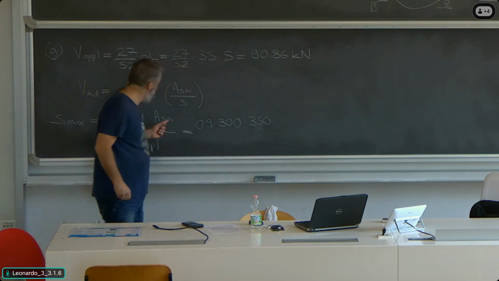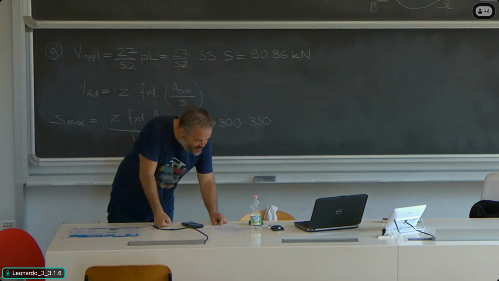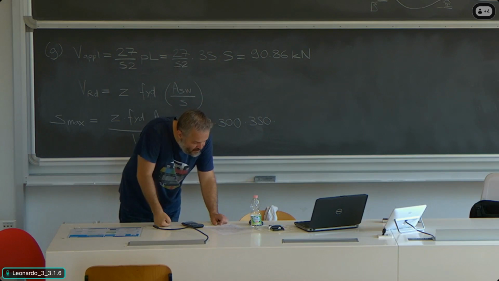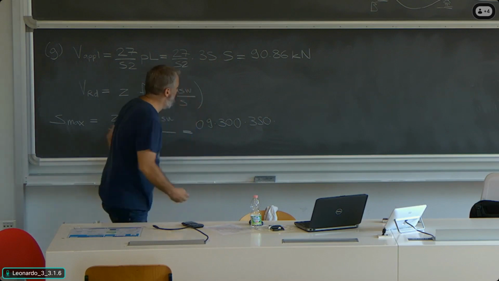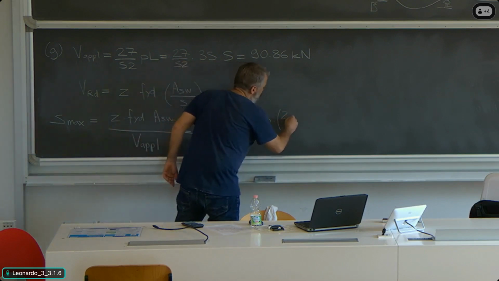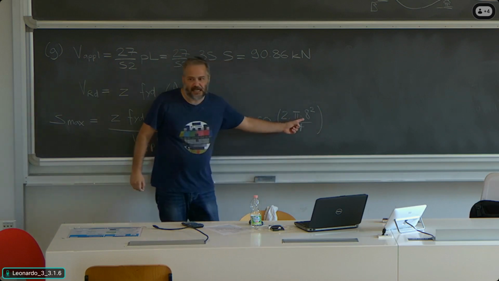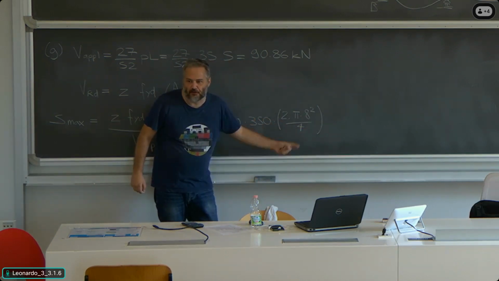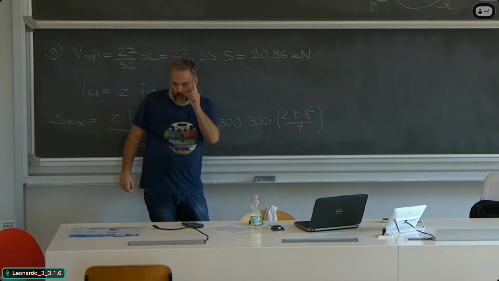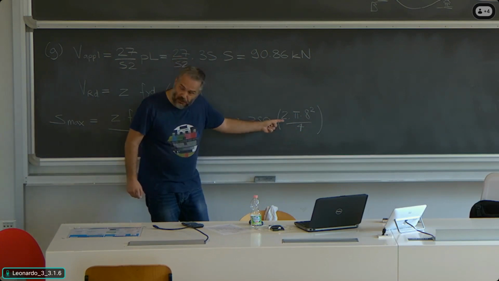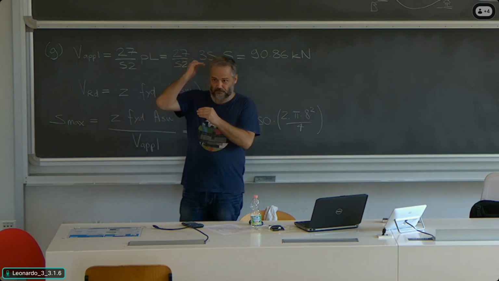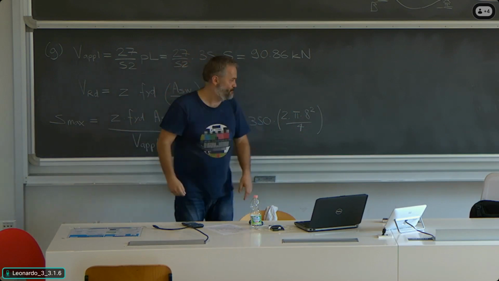Then ASW, the assignment clearly read vertical 8 millimeter diameter rebars with two legs. So this is 2 times pi times 8 to the power of 2 divided by 4. Again, pi times 8 to the power of 2 divided by 4 is the area of one leg. I put the 2 because there are two legs connecting the top and the bottom.